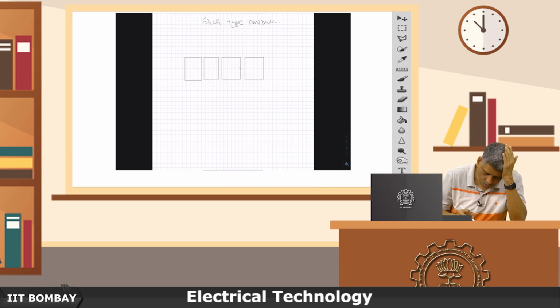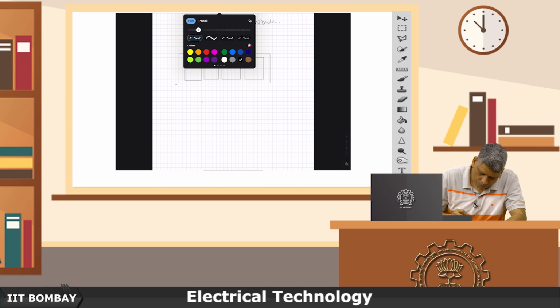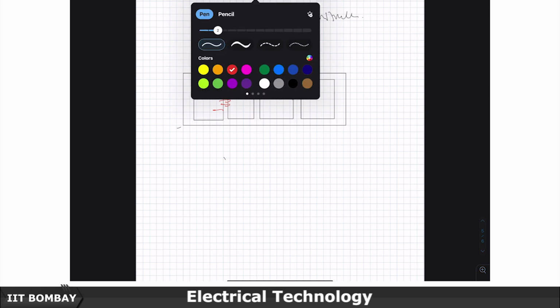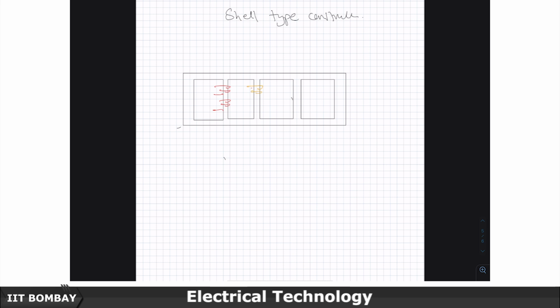Okay. And I need an enclosing, so I have an R limb, Y limb, and B limb here.